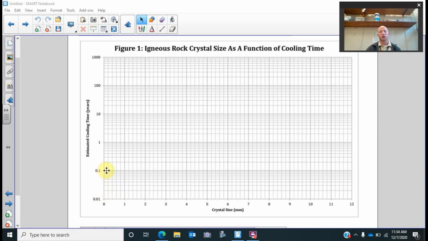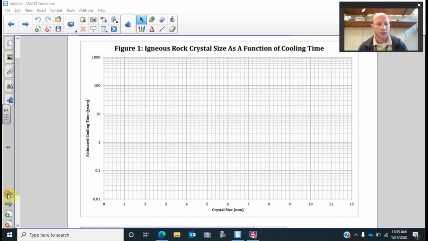If I take 0.1 times 10, I get 1. 1 times 10, I get 10. 10 times 10, I get 100. 100 times 10, I get 1,000. So every increment increases by a power of 10. The reason we use this is because we're using a wide range of numbers. That's why we're using this logarithmic scale just for the years.